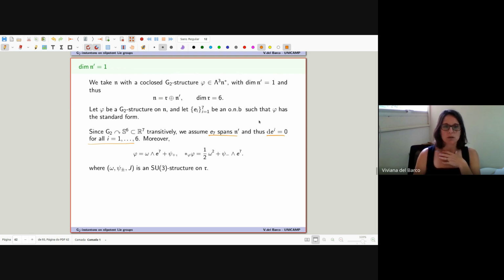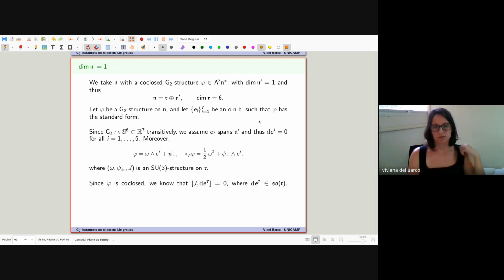Then, as usual, since the complement is 6-dimensional, we write everything in terms of an SU(3) structure on the 6-dimensional piece. Here I'm naming J the complex structure of the SU(3) structure. And this is something we also proved with Moreno and Raffero, that if it is coclosed, then J needs to commute with this operator.